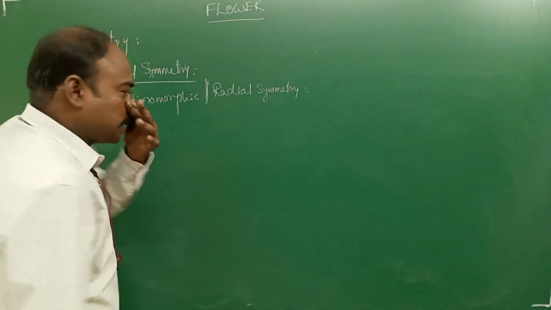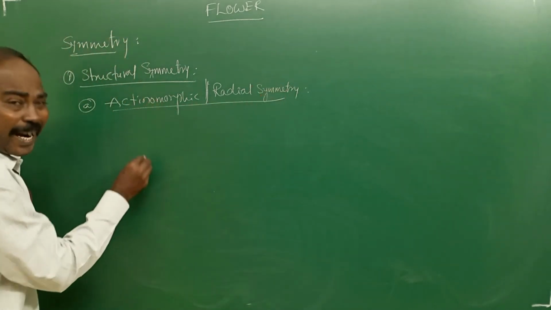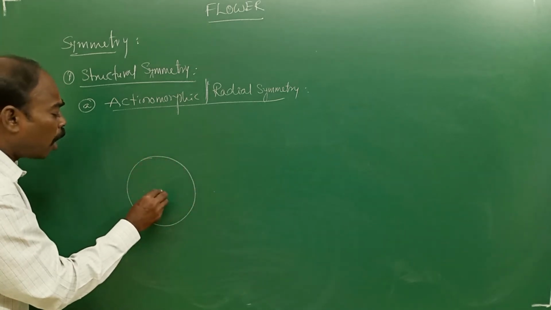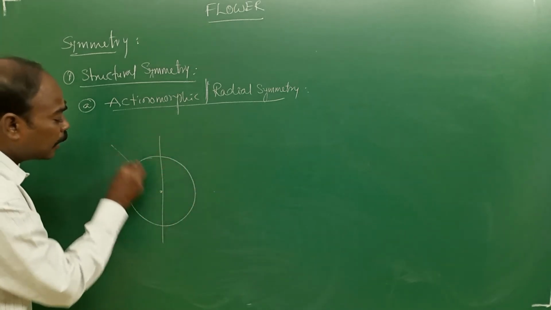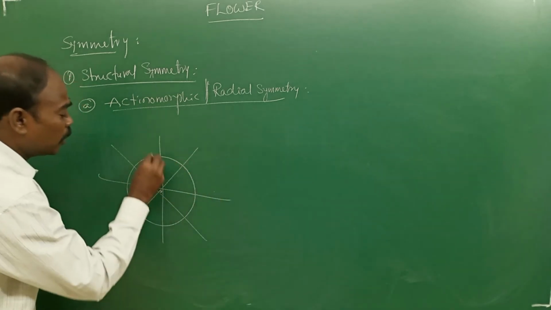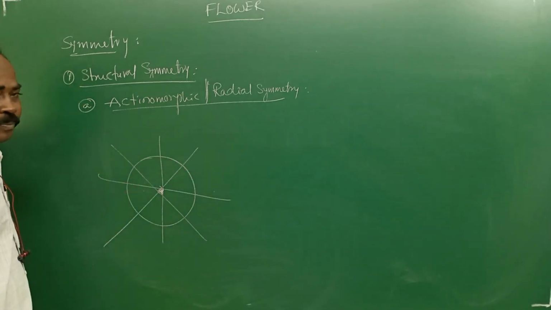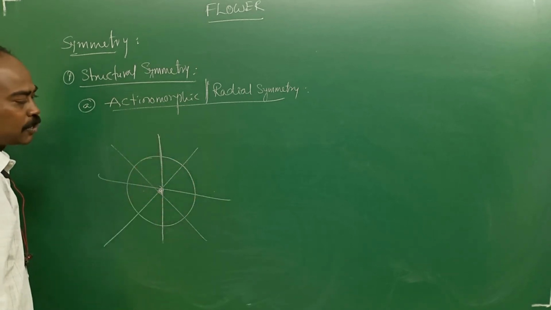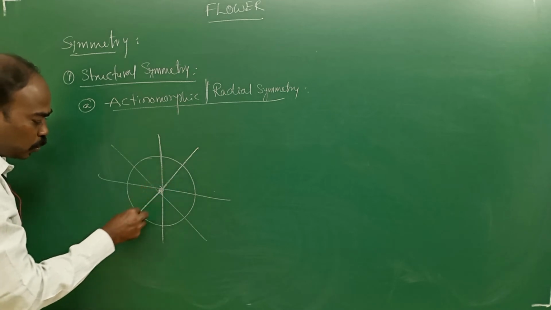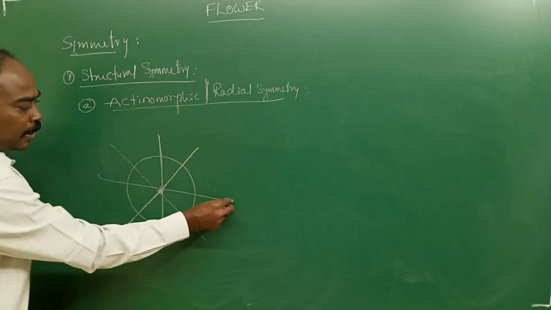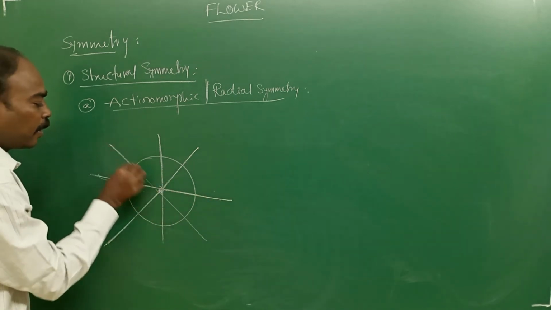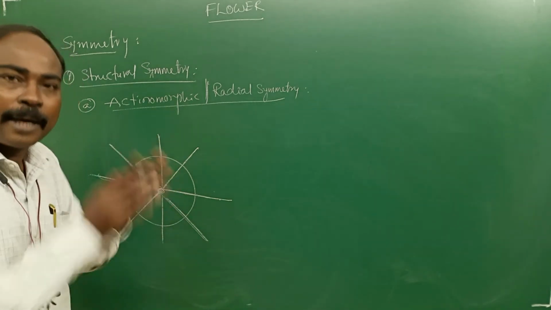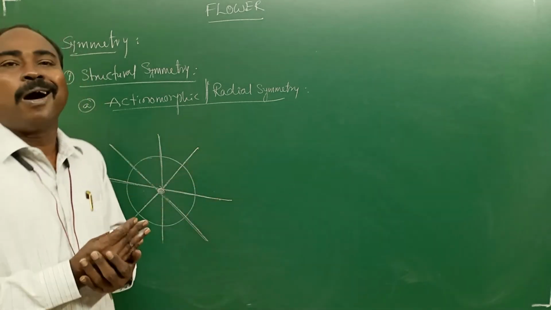Very important, listen carefully. An actinomorphic flower gives two exact halves when cut in any direction based on the center. If you cut in any vertical plane, it gives two equal halves.